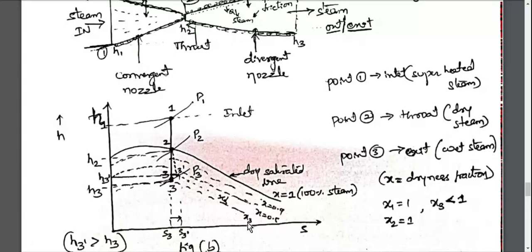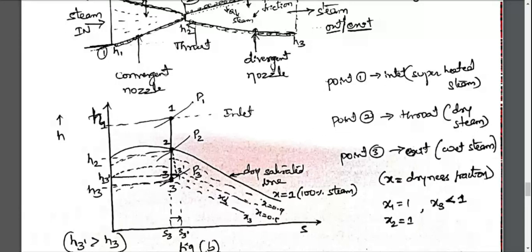Here x3 is approximately 0.7, that is, 70% steam and remaining 30% water at point number 3. But 3 dash is just ahead of point number 3, and the value of x3 dash may be 0.75.